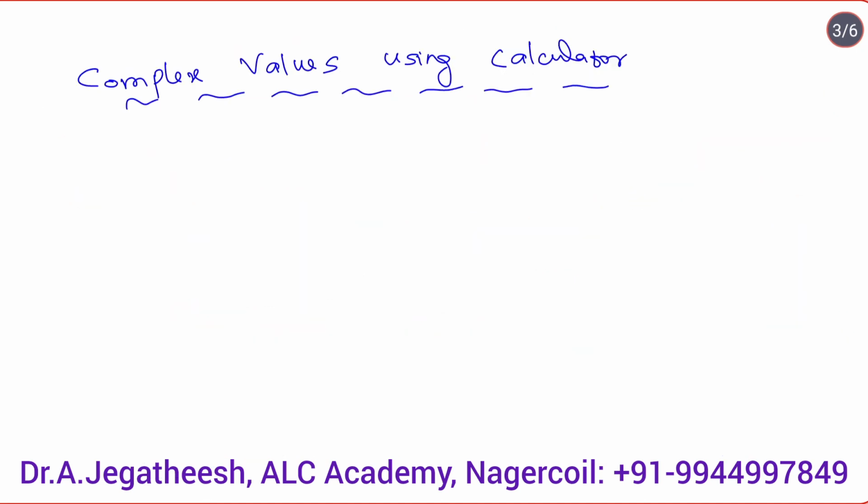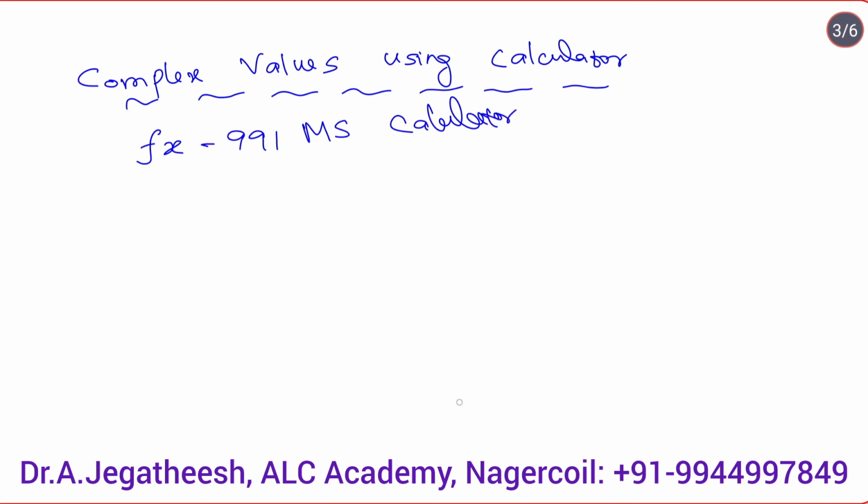In this section, let me explain how the complex values are typed in the calculator to get the final result. I am going to explain with the help of the FX991 MS calculator.